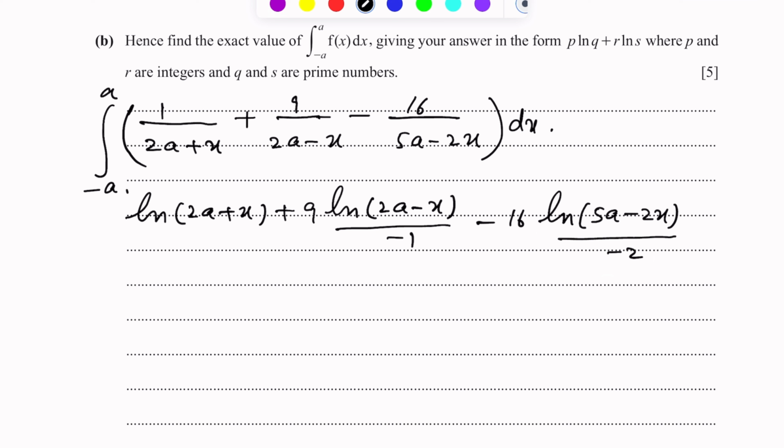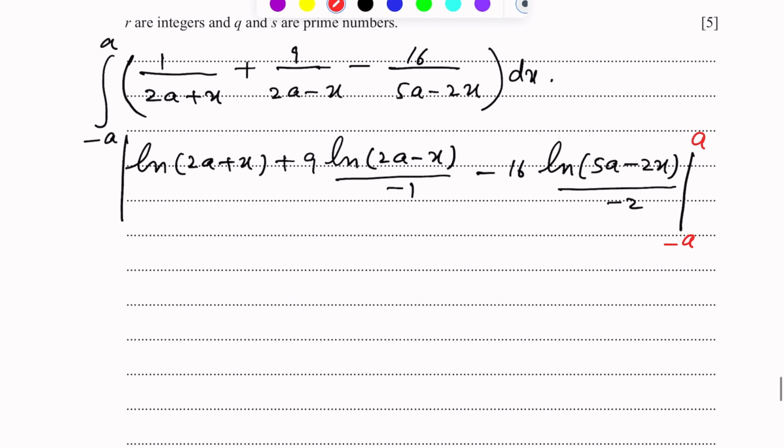Now we will apply the limits. The limits are -a to a. First we will apply the upper limit, then the lower limit. In place of x we will put a.